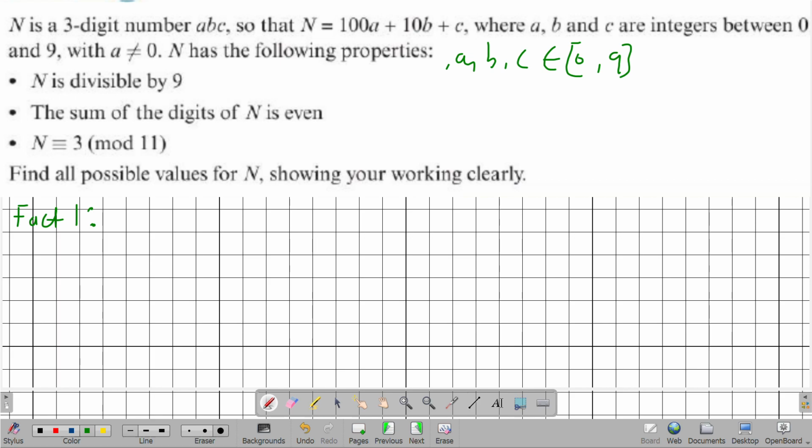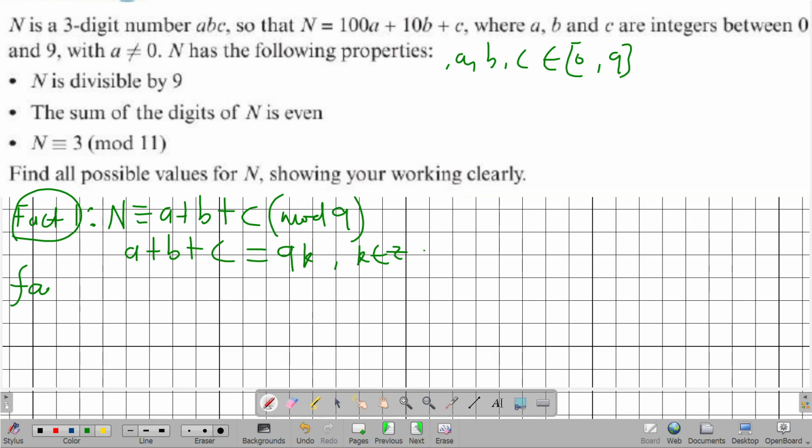So we can actually say n is congruent to a plus b plus c under mod 9. That's fact number 1. And this can be summarized as a plus b plus c is equal to 9k, where k is an element of the integers.